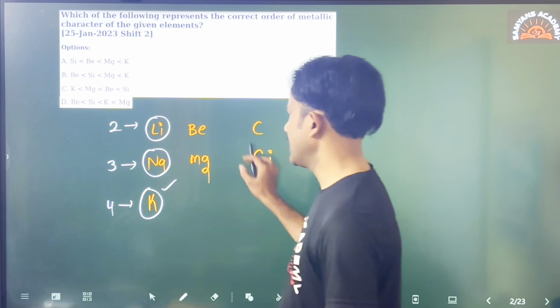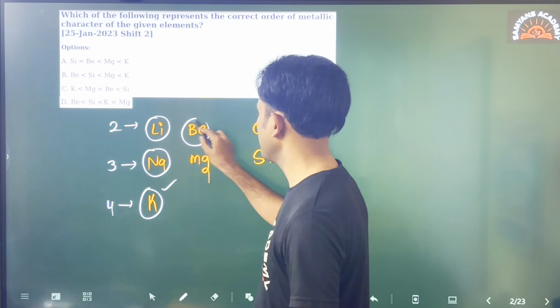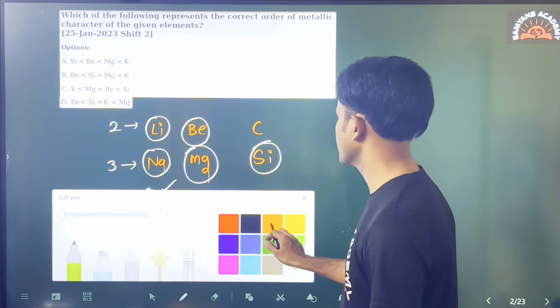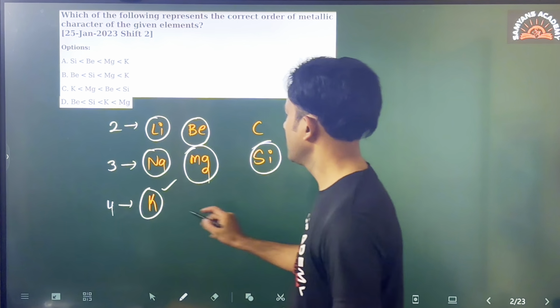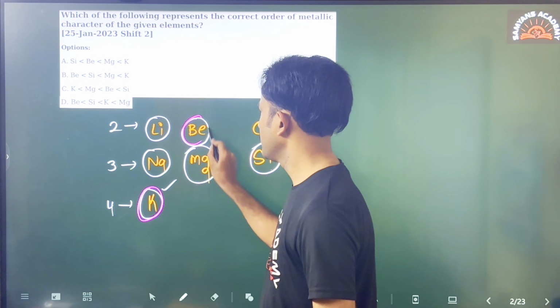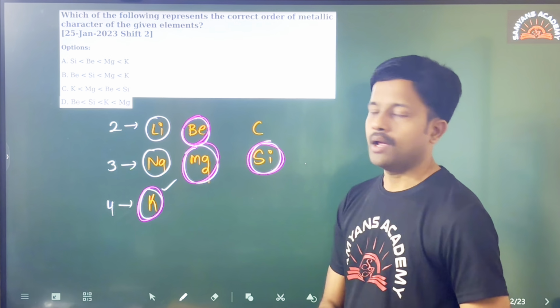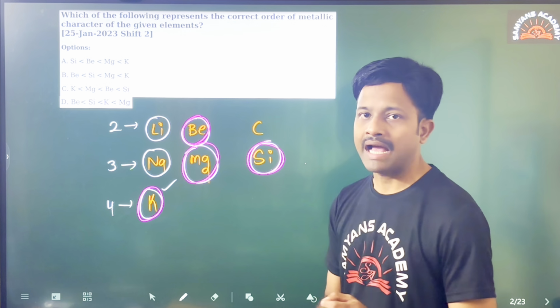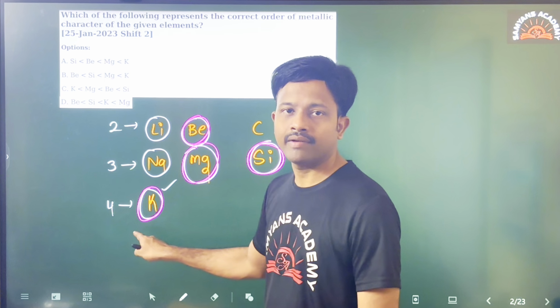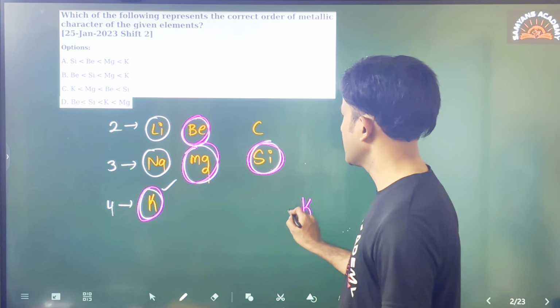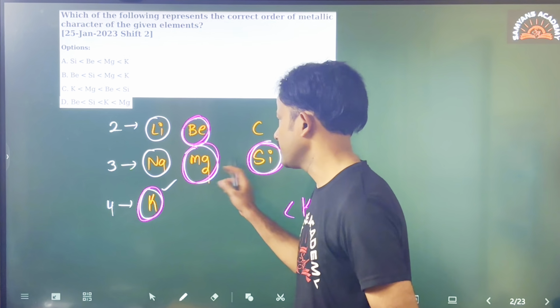So among the given elements, potassium, beryllium, magnesium, and silicon, which one has more size? Potassium has more size, right? Then potassium has more metallic radius compared to the remaining elements.